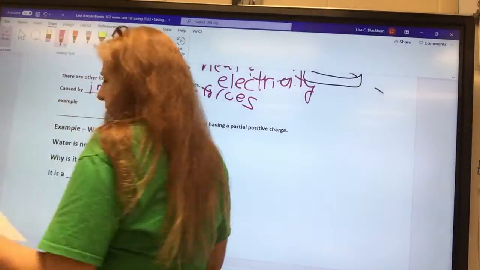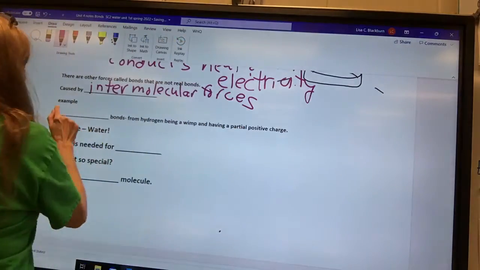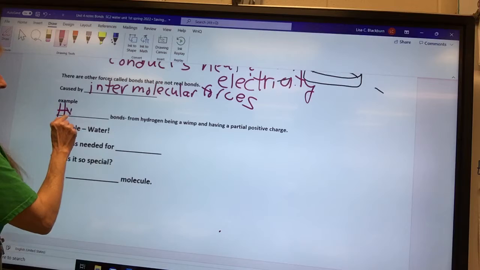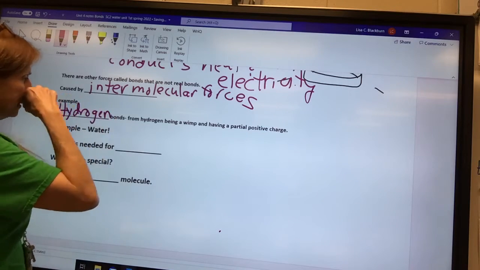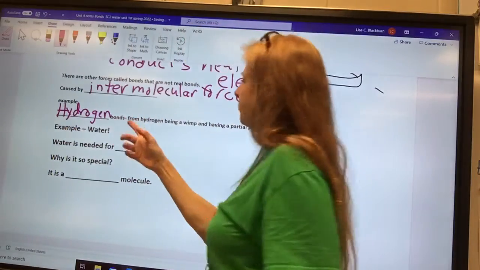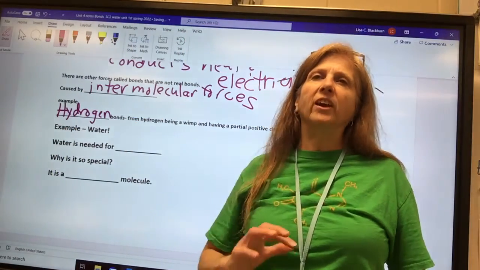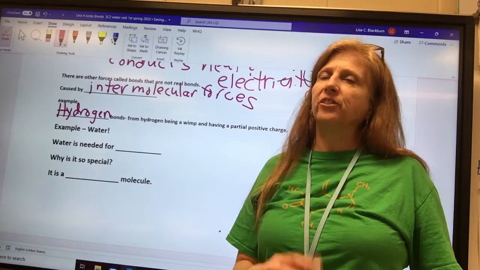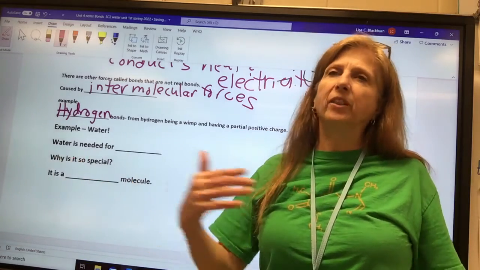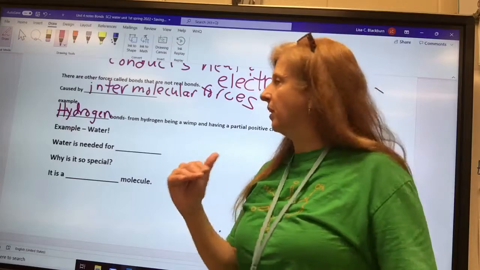Okay, so a really, really important one is called hydrogen bonds. It's not really bonds, but it's so important it's called that. Hydrogen bonds come from hydrogen's very low electronegativity. Hydrogen is a wimp. It does not have the ability to hold electrons to itself.